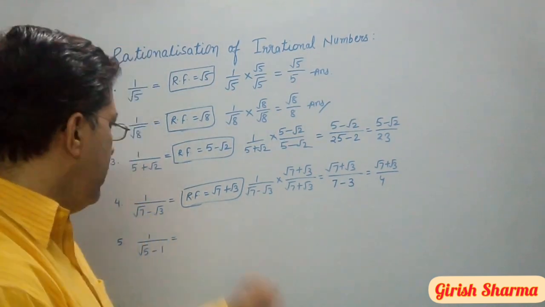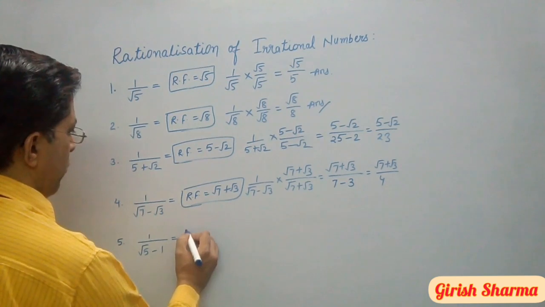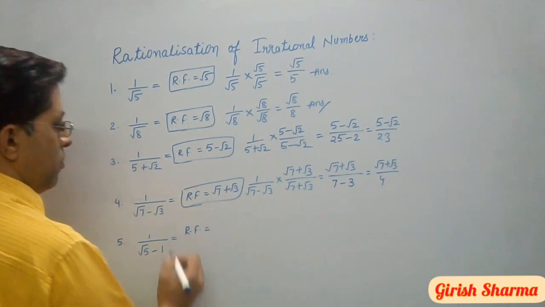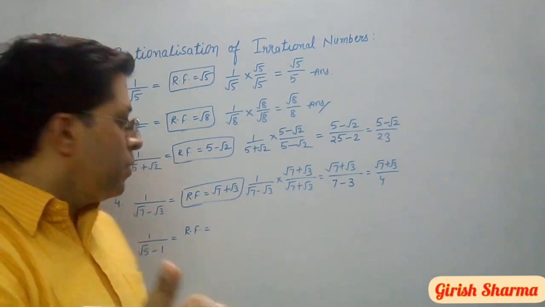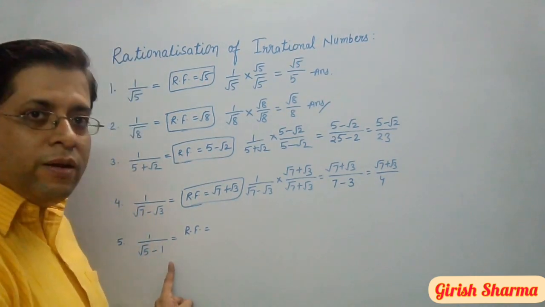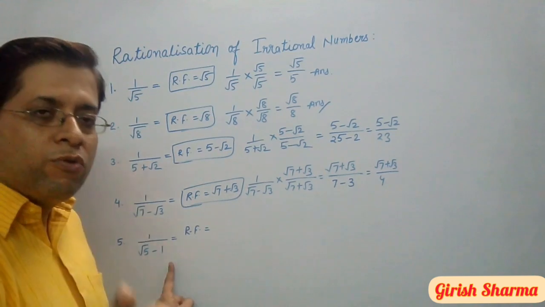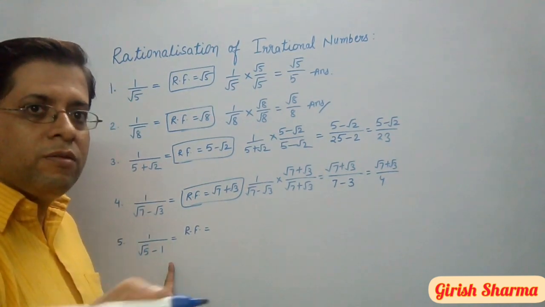Now one more question we are doing here. Now what will be the rationalizing factor? Here it is root 5 minus 1, so this will be root 5 plus 1.